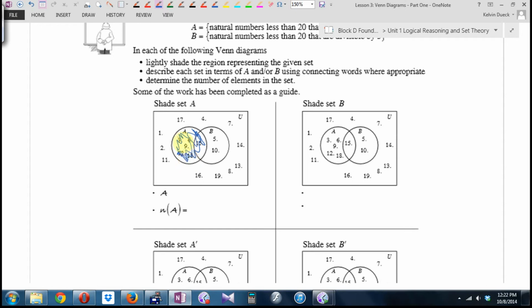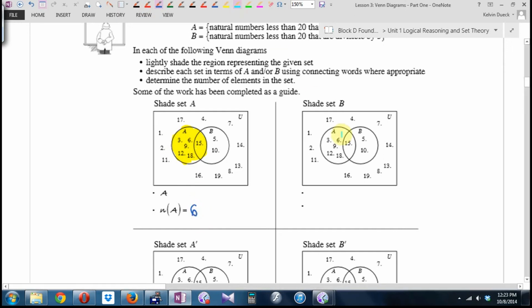Is it? 1, 2, 3, 4, 5 or 6? It's tough for me to tell. You know what? I'll use the highlighter shade because then I can still read it. N of A equals 6.